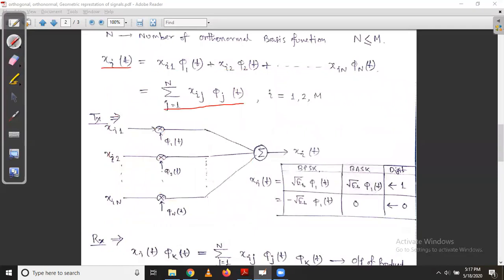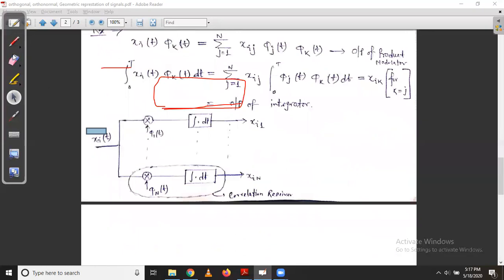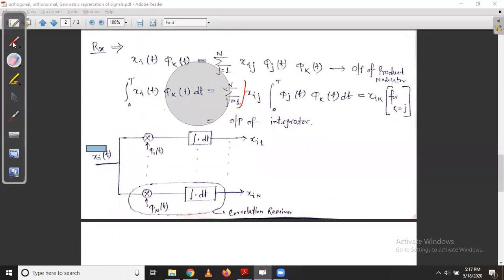So this signal is multiplied by phi at the receiver side. Then this whole thing is passed through some integrator. So I have written this one.